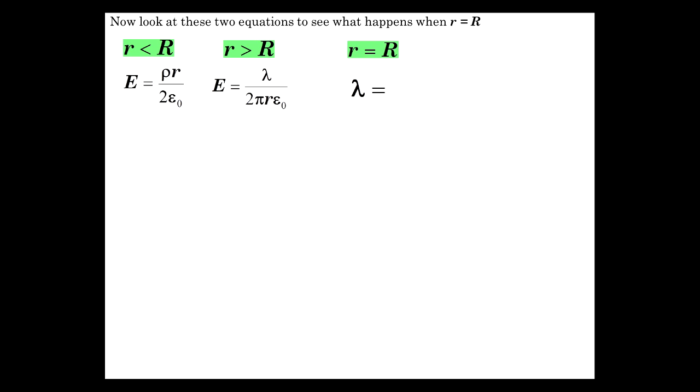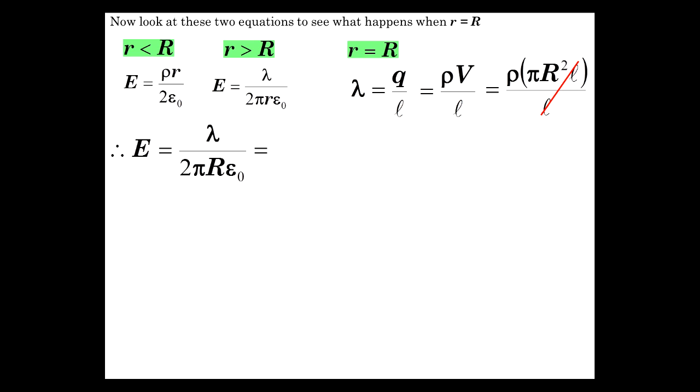So lambda equals charge per length, and that's equal to rho V over L, and V is equal to pi R squared L at radius R. Okay, so that's the entire volume of the cylinder over that length. These L's go away. So now E is equal to lambda over 2 pi r epsilon 0. That's this.